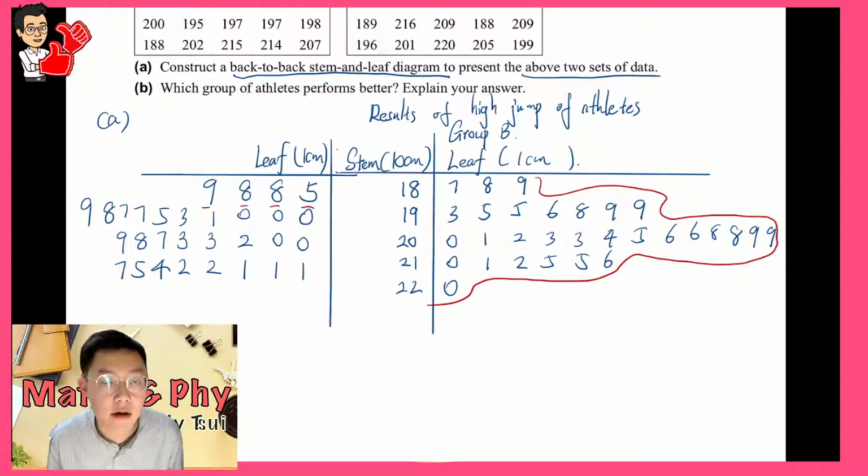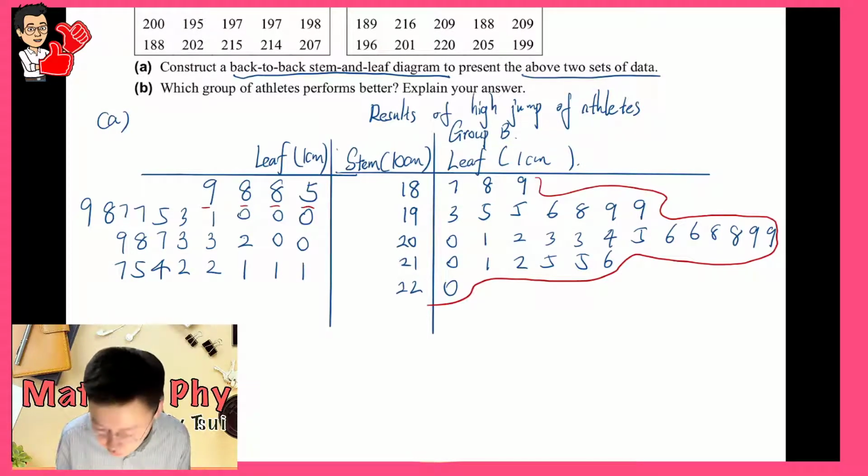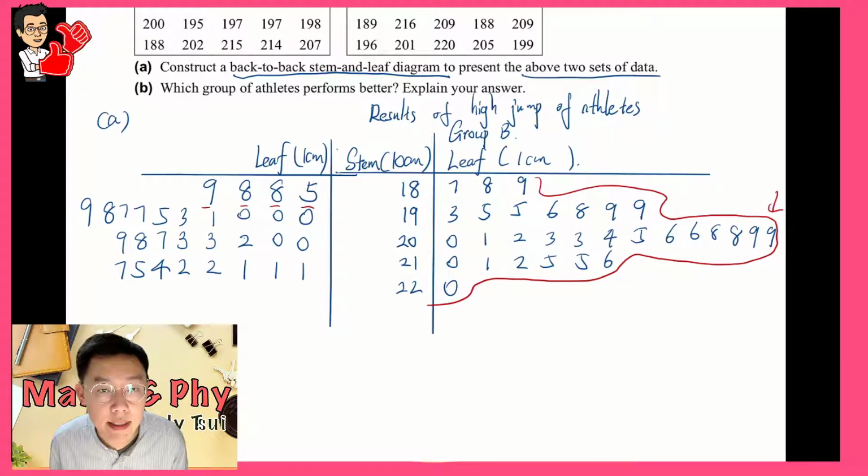So you can see that most of the data for group B focuses on 200 something. This one has so many data that start with 200, maybe 200, 201, 202.